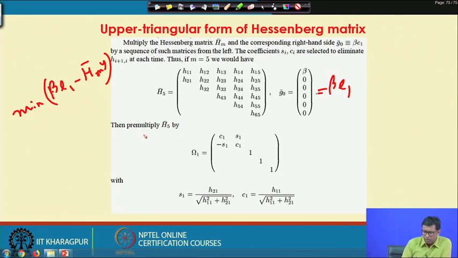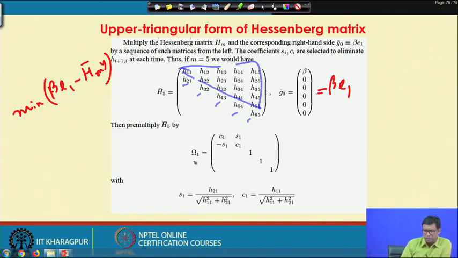Now, omega 1, the pre-multiplier for the first row, is C1, S1, minus S1, C1, and our target is to give a triangular form here. So, triangular form will be a form like this. We have to keep on eliminating these entries.